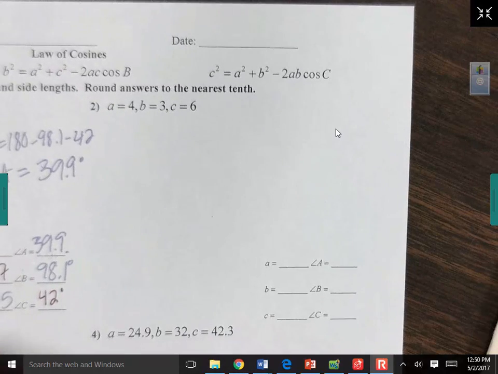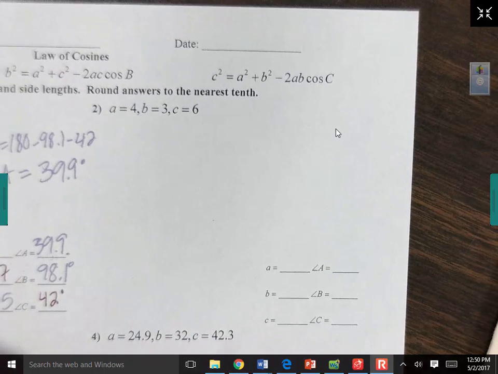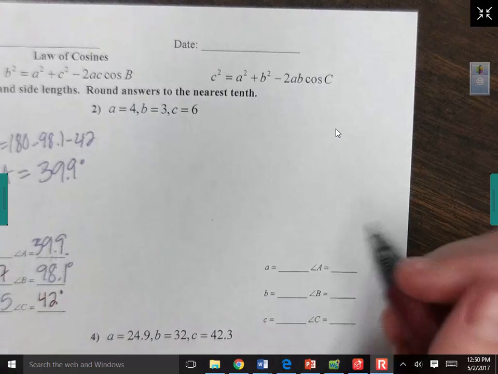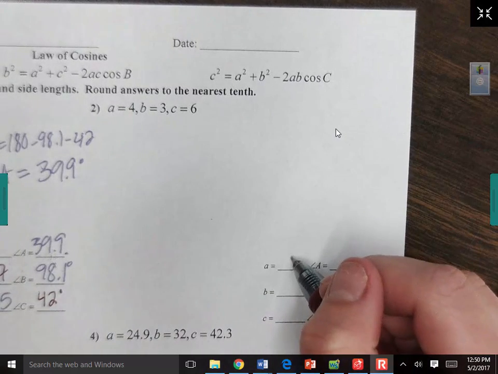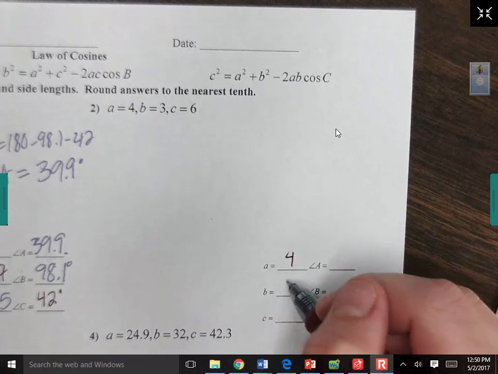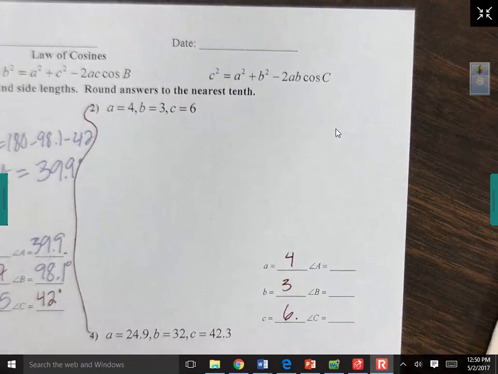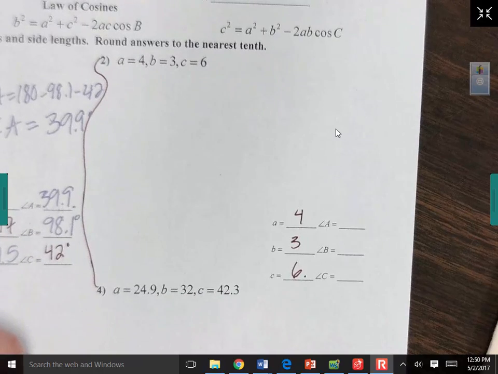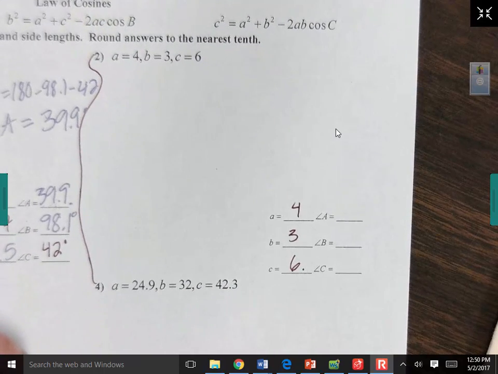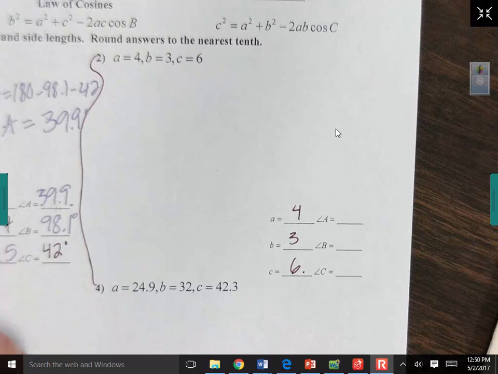Now, when we're given three sides, guys, for law of cosines, we need to start off with the longest side, okay? What is the longest side, A, B, or C? C. Do you see why C is our longest side? Is it because the number's greater?